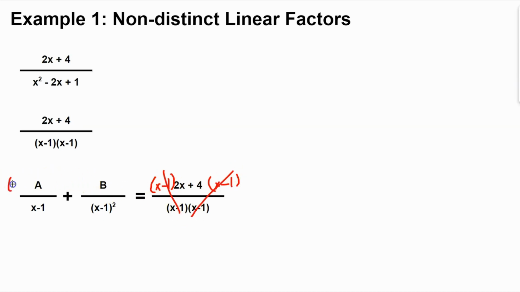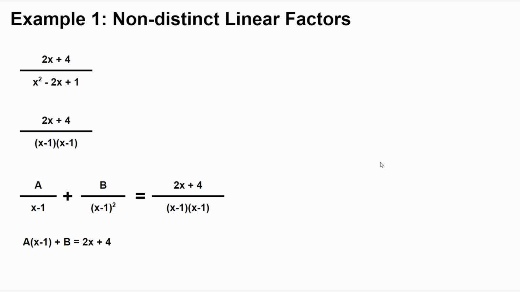For the A term, only one of the x minus 1s would cancel out, and you're left with A times x minus 1. But for the B term, what's really nice is that because it's over x minus 1 squared, these both collectively cancel out. So what you're left with is A times x minus 1 plus B by itself, all equal to 2x plus 4.